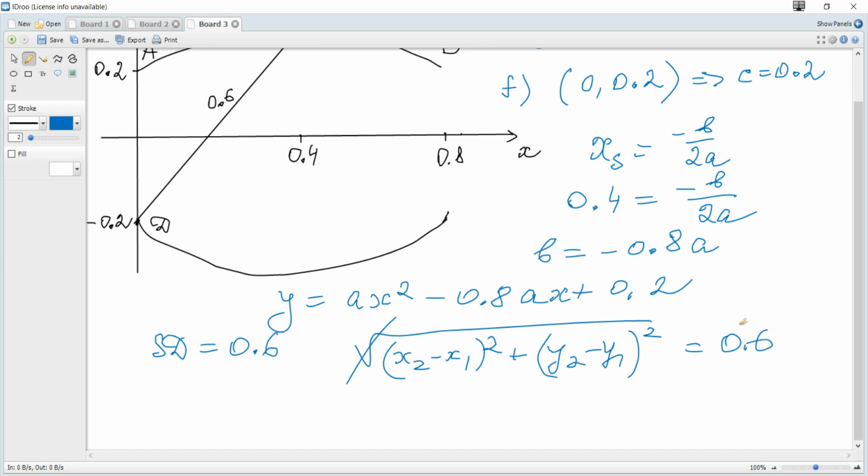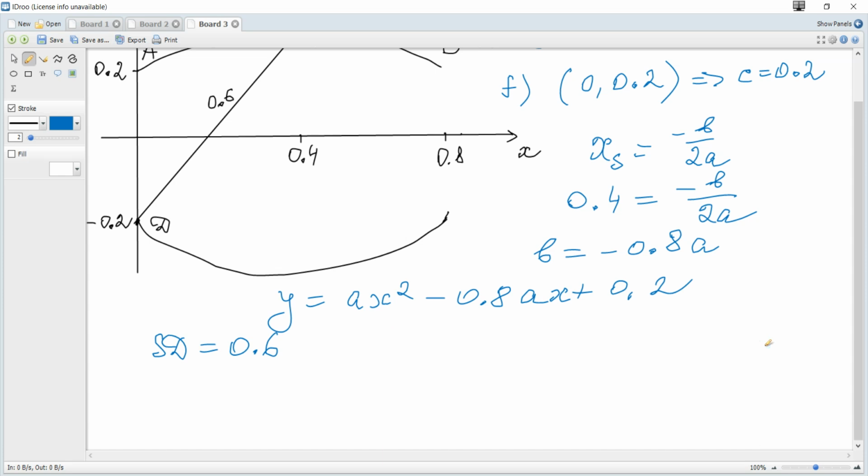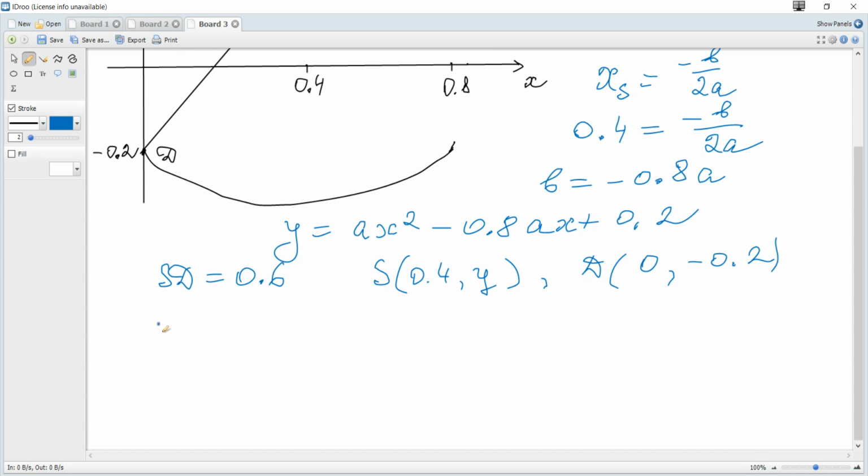Without square root, you can see that it becomes squared, or just 0.36. Let's rewrite. So we consider coordinates of S, 0.4 and y, and coordinates of D are 0 and negative 0.2. So without square root, 0.4 minus 0 squared, plus y minus negative, so plus 0.2 squared is 0.36.